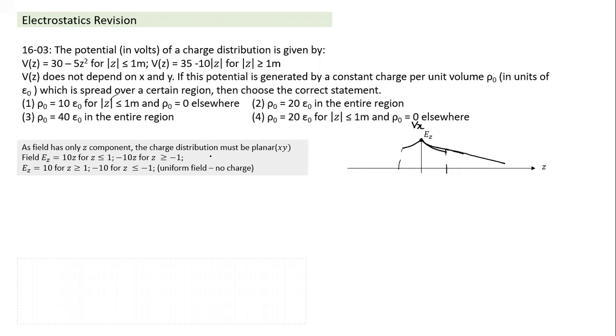What is the z component of the field? The z component of the field is the partial derivative of potential with respect to z. Anyway, the partial derivative is not relevant because it's not varying in other directions. So what does this come to on the positive side, at positive z region? If we take its derivative, it becomes equal to 10z. That's the field here.